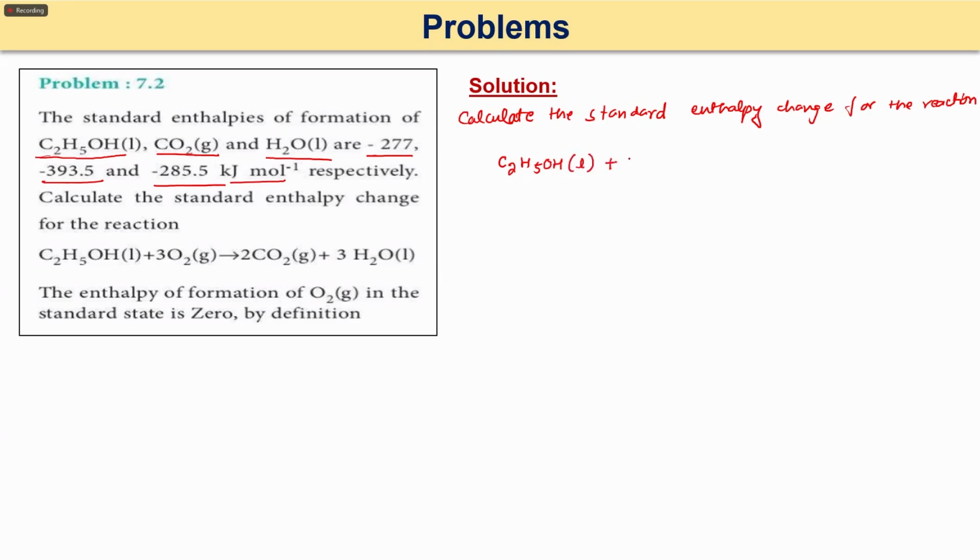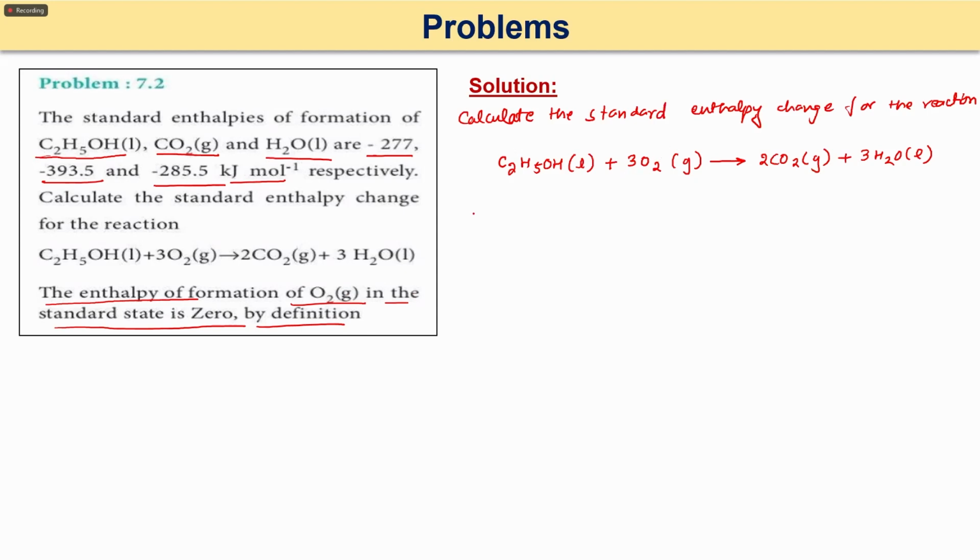Then it reacts with 3 moles of oxygen, which is present in gaseous state, to give 2 moles of carbon dioxide, which is a gas, and 3 moles of water, which is a liquid. They have written that the enthalpy of formation of oxygen in the standard state is 0. We have already studied it in the previous class, that the standard enthalpy of formation of oxygen, hydrogen and nitrogen are all 0. So we don't need the value of the enthalpy of formation of oxygen.